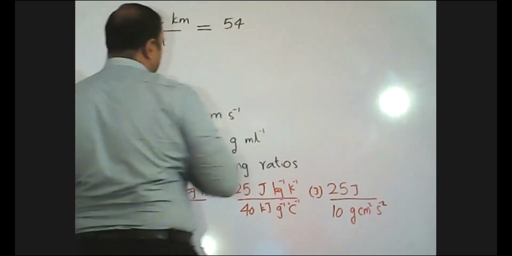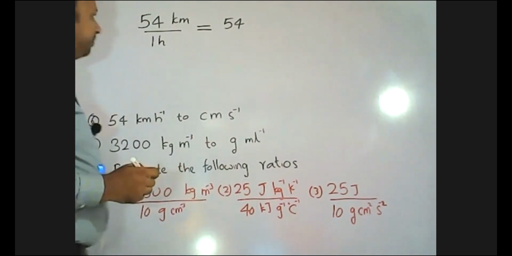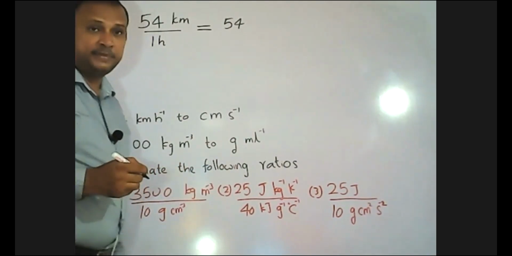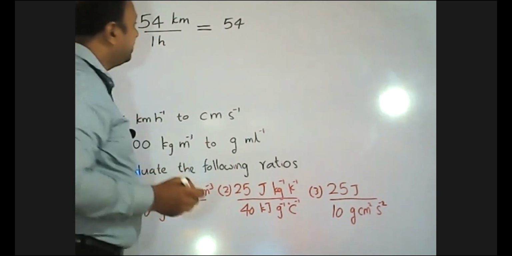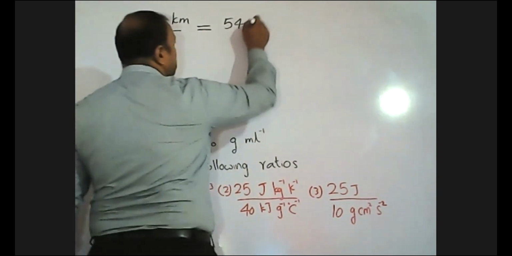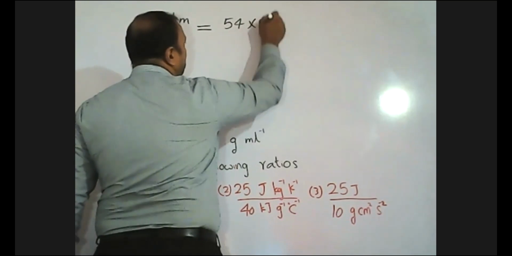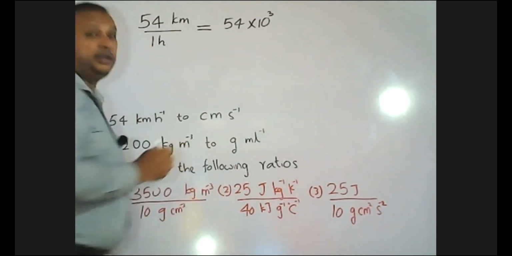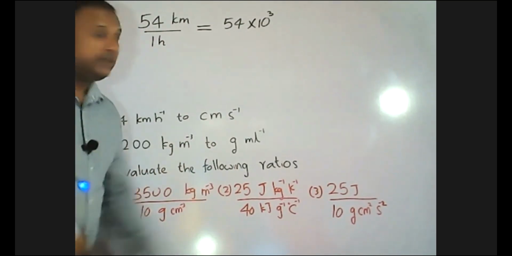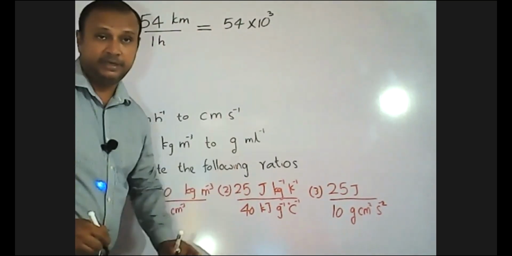54 into centimeter. If you cannot remember that one at once, you can convert this one into meter. If you want to convert kilometer into meter, you have to multiply it by 10 to the power 3. Then it becomes meter.